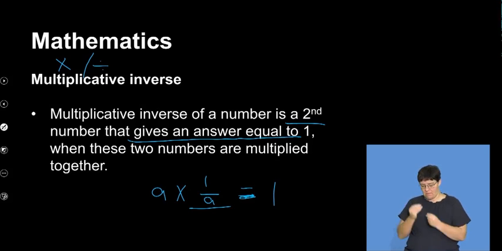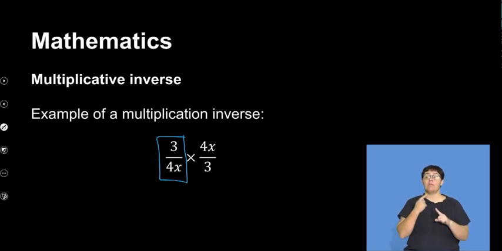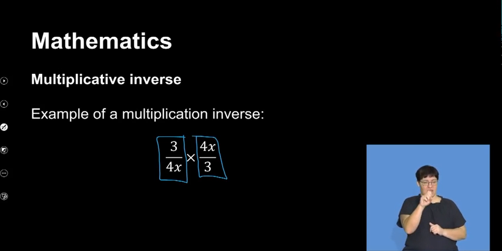But I'll show you exactly what this means. Now, a typical example will be me having the question as just 3 over 4x. That's my question, right? And I want to show you what the multiplicative inverse of this will be. It will then be 4x over 3. Why?